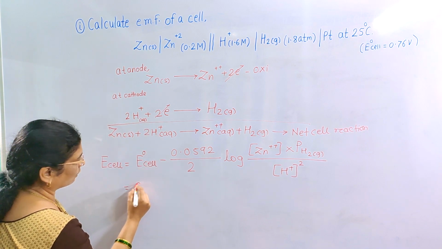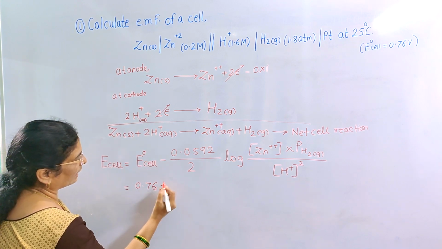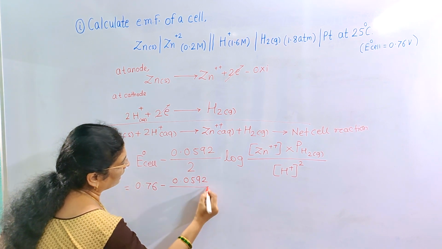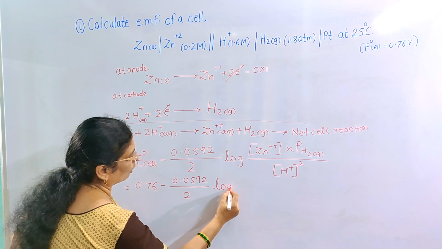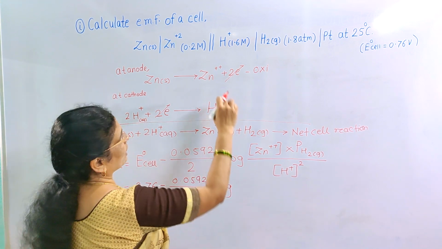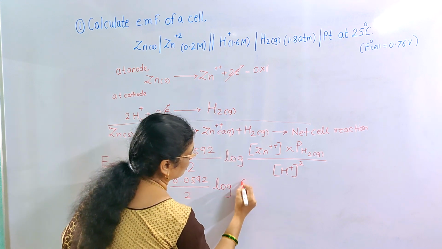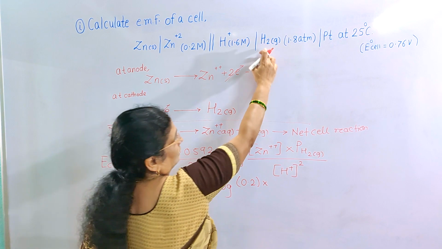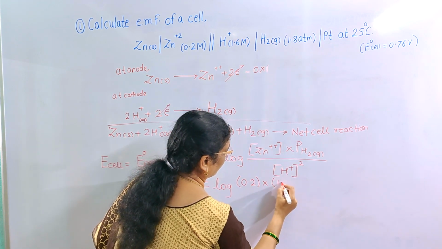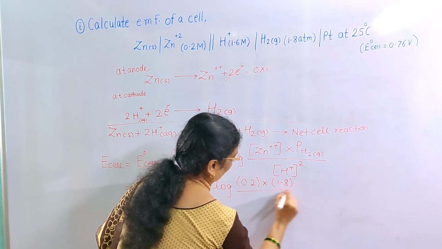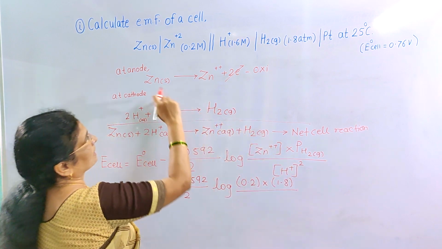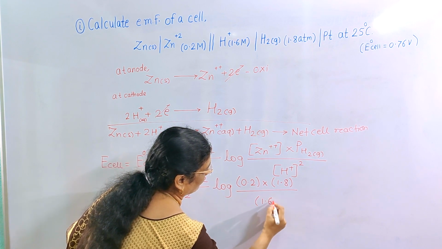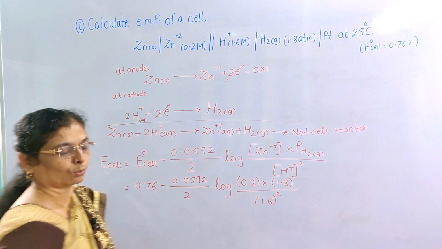E cell is equal to 0.76 minus 0.0592 divided by 2 into log of concentration of Zn2+, which is 0.2, into pressure of hydrogen gas, which is 1.8 atmosphere, divided by concentration of H+ ions, which is given as 1.6, bracket raised to 2.